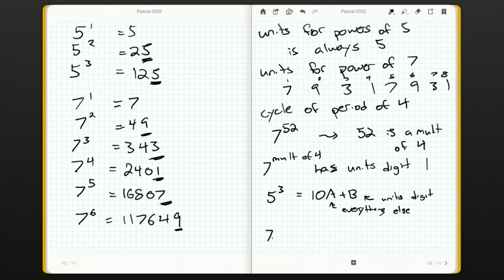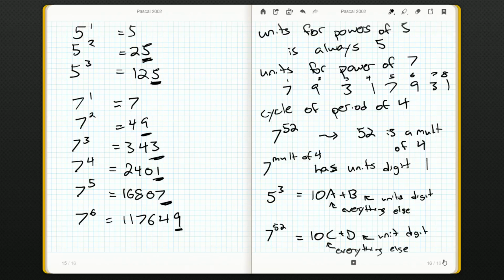And if we had 7 to the 52, we could write that out as well. 10c plus d, where d is just the units digit of our power of 7. And c is everything else. You can always write down every number in this form.